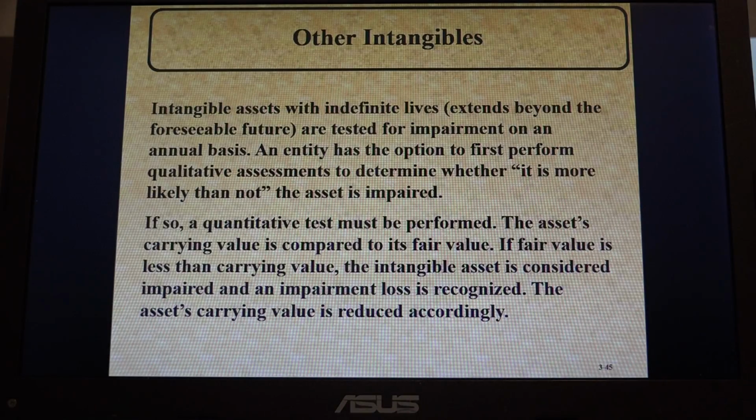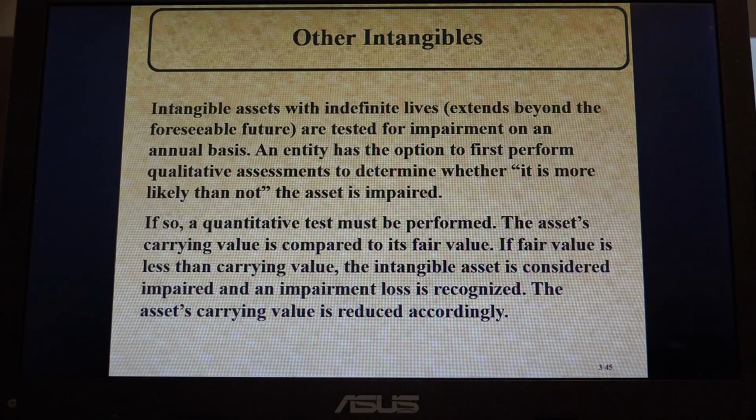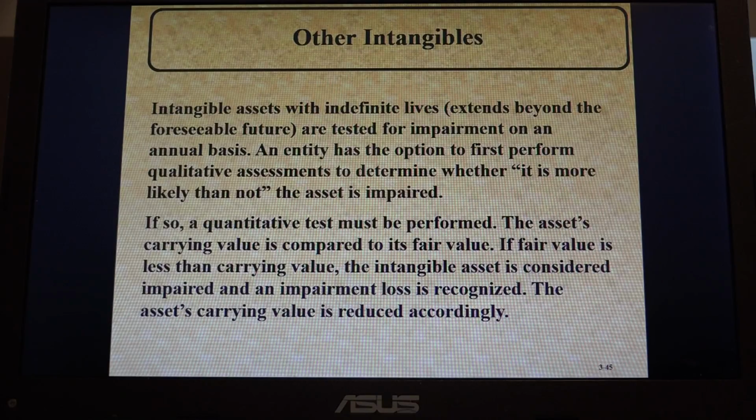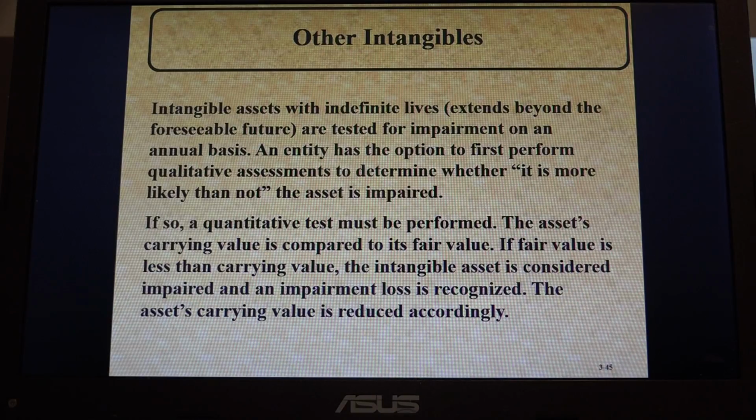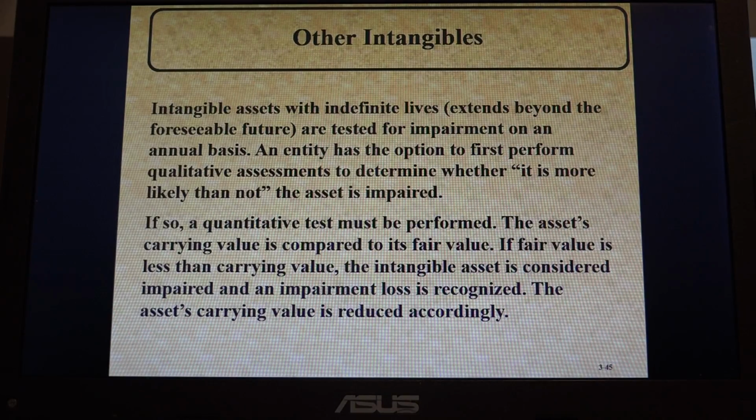And so intangible assets with indefinite lives, and that just simply means that it extends beyond the foreseeable future, are tested for impairment on an annual basis, just like goodwill. Now, the entity has a choice here. They can perform a qualitative assessment to determine whether it's more likely than not the asset is impaired. Certainly that would be the least costly way of doing it.